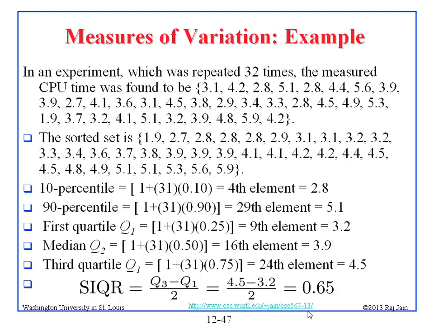So let's take an example. This is a set of numbers. We sort it out. Now if we want to get the 10th percentile, we put 0.1 times 31, since the total number is 32, so we did n minus 1.